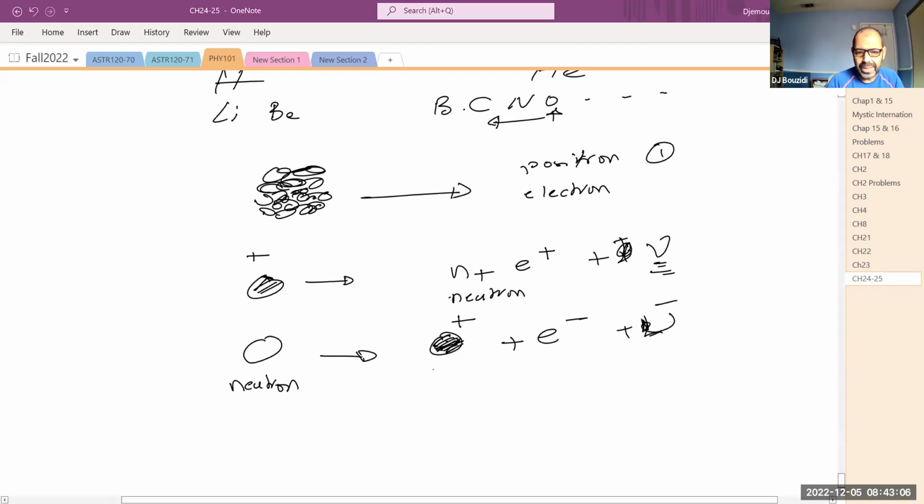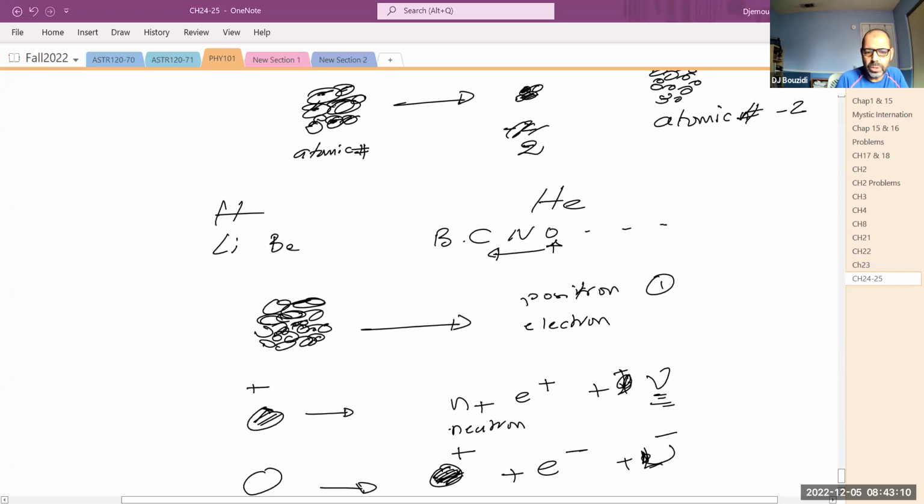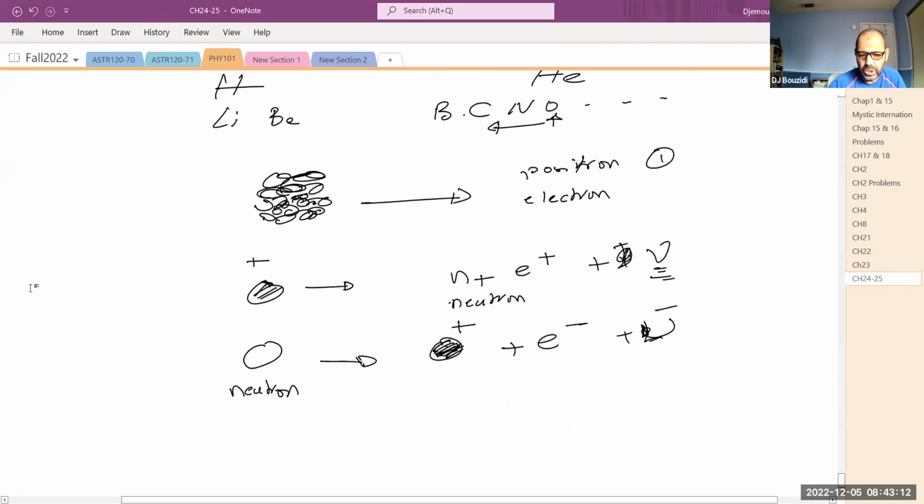So anyway, the point being here is that now the Z has increased, the number of protons has increased in this case. So this moves one step to the right. For example, if I take nitrogen, and if it's capable of doing this kind of beta decay, nitrogen becomes oxygen. So we move to the right on the periodic table.